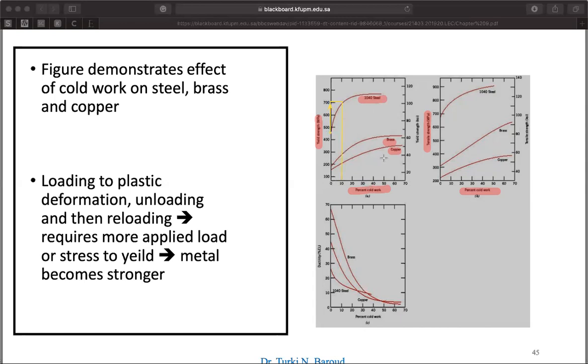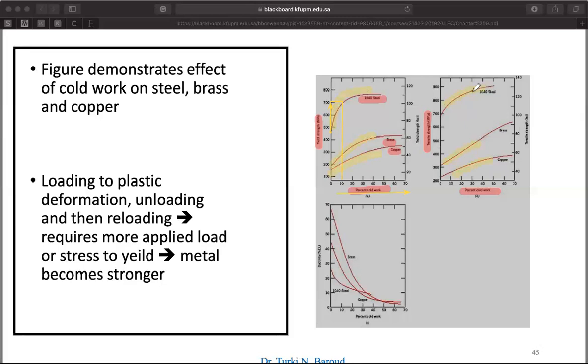Similarly with other materials. So what we can learn from this is, as you do more cold working, what's going to happen? Well, you're going to increase the strength of the material, whether it's the yield strength or the tensile strength.